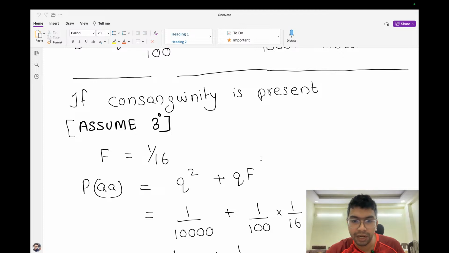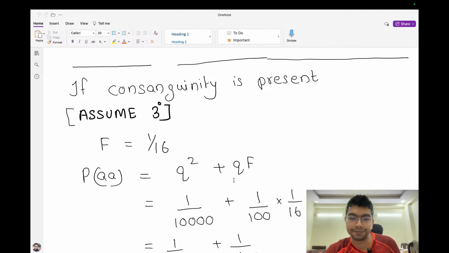This additional factor will come into play if there is consanguinity. If there is no consanguinity, F will be 0, so Q into F will be 0 and there is no need for adding this factor. However, if there is significant consanguinity, the F value will be significant, so there is a need for adding this correction factor.